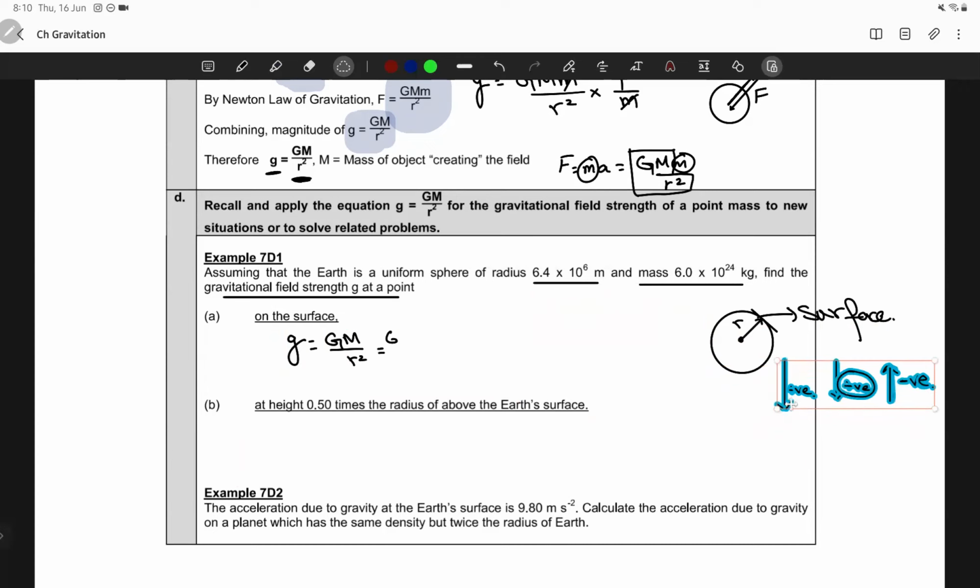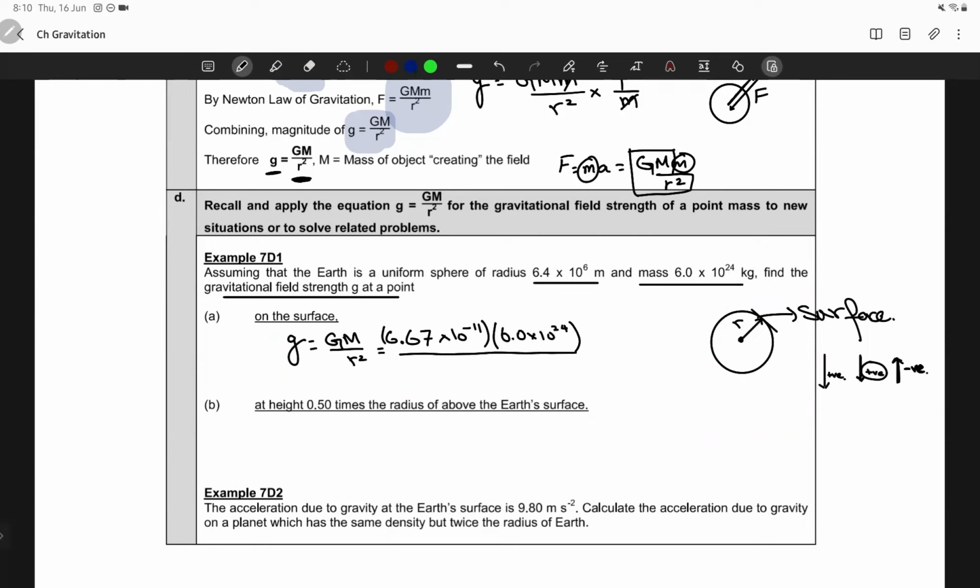Okay, so this is 6.67 times 10 to the power minus 11. For now, let's just ignore the units. And this is G. Mass of the Earth is 6.0 times 10 to the power 24, and we have the radius.